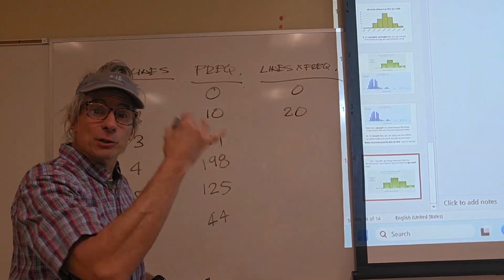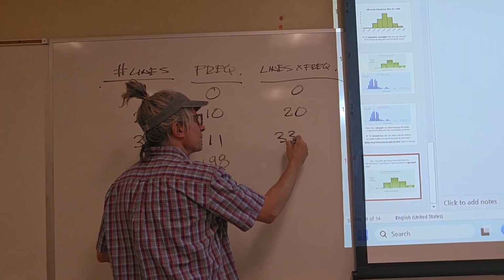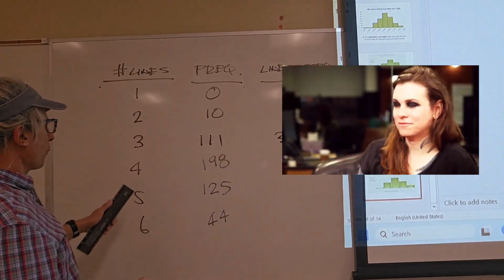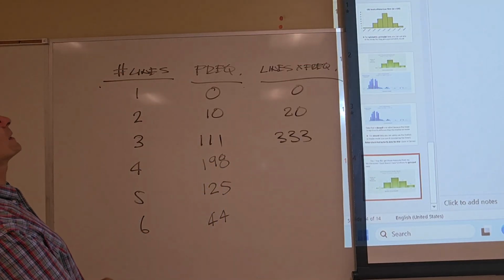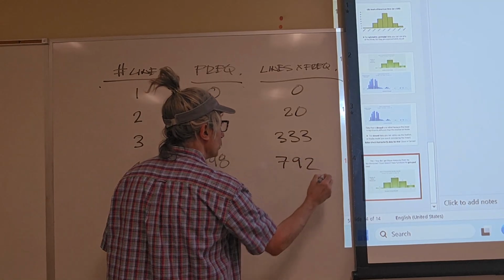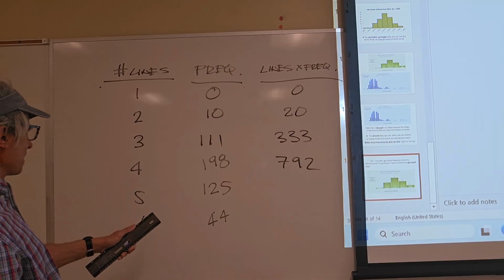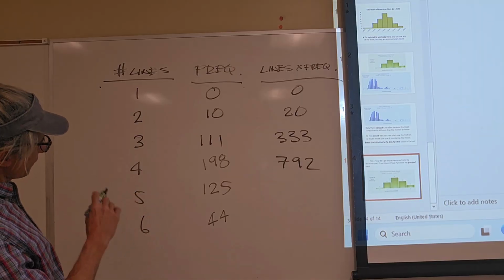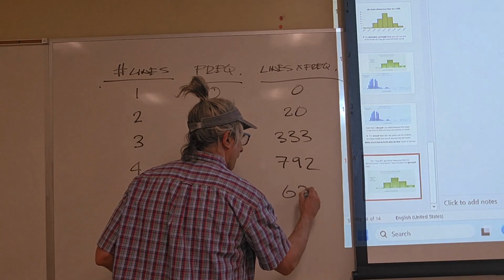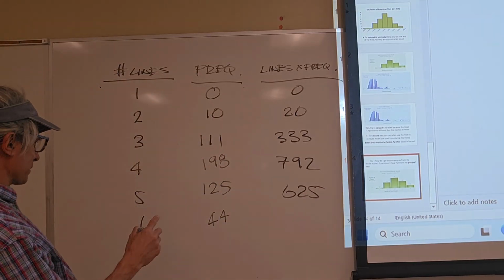That would be like adding 2 plus 2 plus 2 plus 2 plus 2 and so forth. 3 times 111 is 333. Great song, by the way. 4 times 198 is going to be 800 minus 8, so that's going to be 792. 5 times 125 is going to be 250, 500, 625. And 6 times 44, 24 carry the 2, 264.